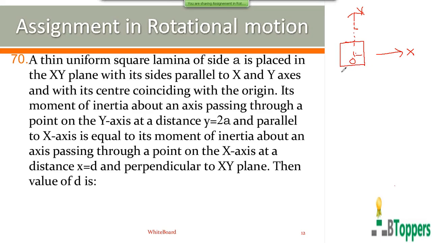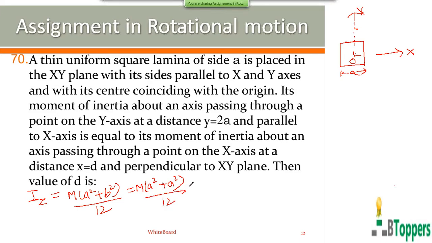The length of each edge of the square plate is denoted by A. So the moment of inertia of the square plate about the z-axis, that is, about the axis perpendicular to the plane of the square plate and passing through its center, using the formula M into a square plus b square by 12. Here the breadth b of the square plate is the same as the length a because it is a square plate. So you get Ma square by 6.